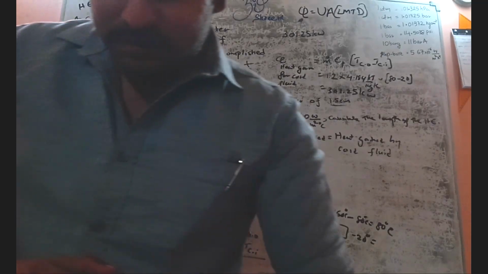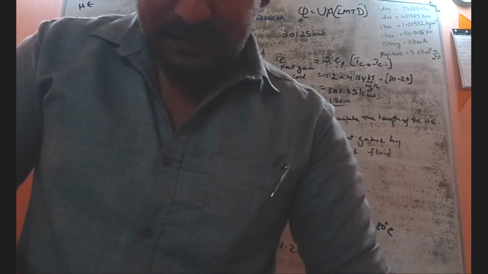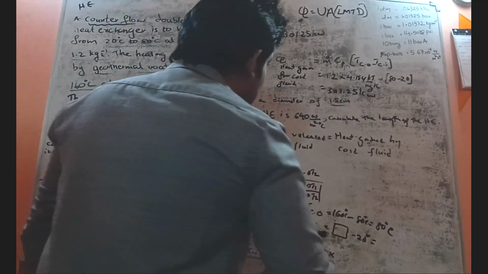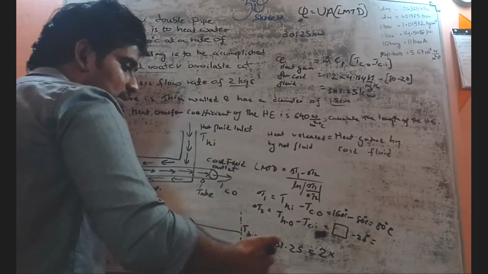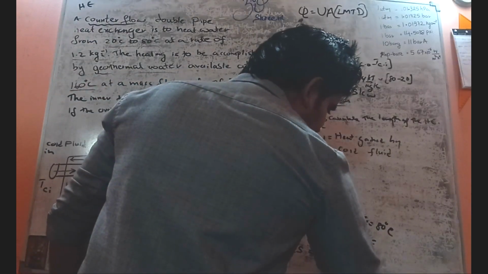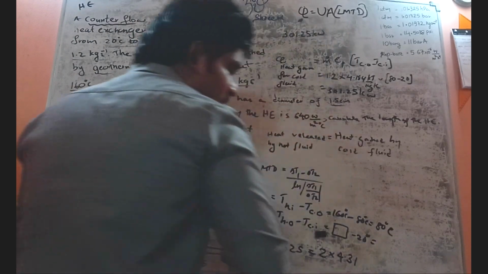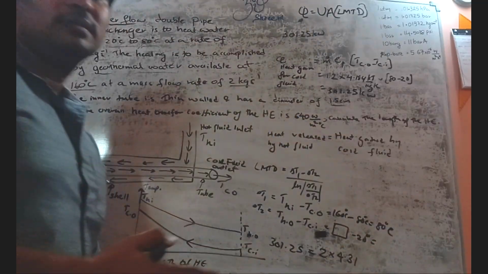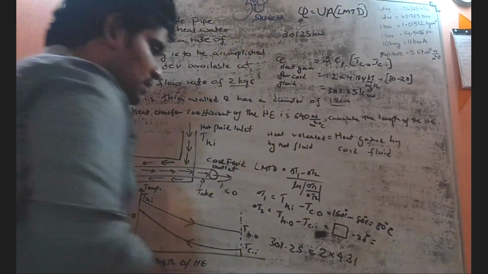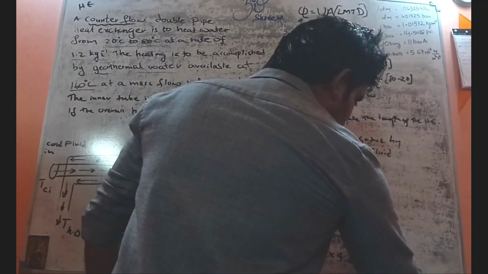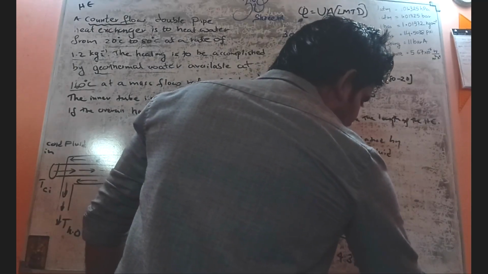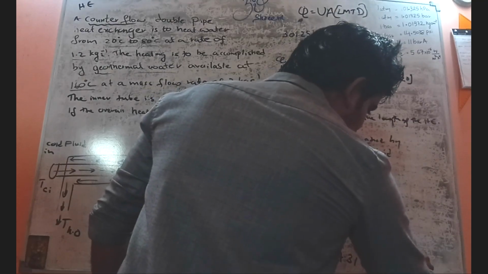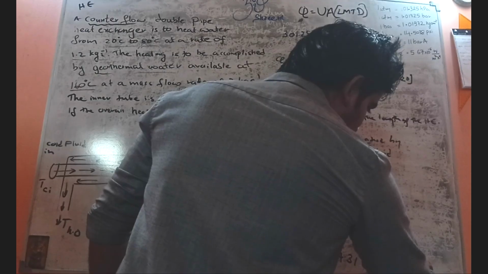But for this problem, let's consider that value is given to you as 4.31 kilojoules per kilogram per Kelvin. Remember the units, right? Temperature difference we don't know, so that will be 160 minus one unknown value, that is T hot out, THO.